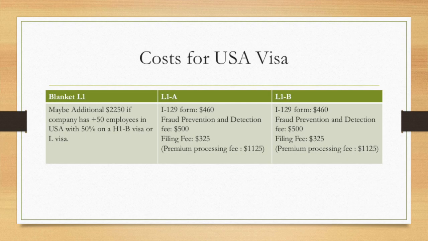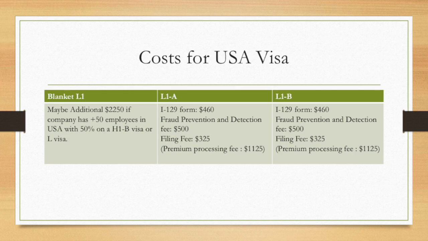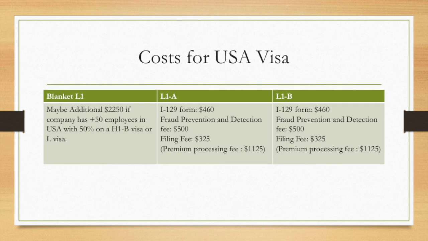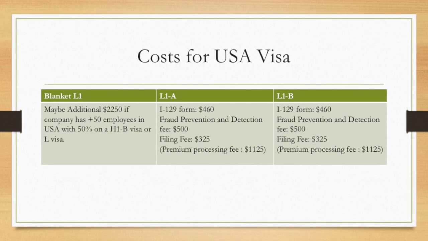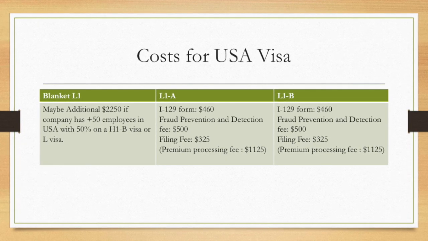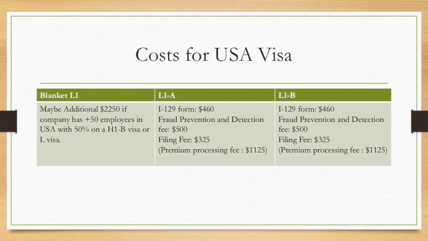So next we'll start talking about costs. As you can see from this slide, the L1A and the L1B visa are the same for pricing, which comes to approximately $2,410, including the premium processing fee.